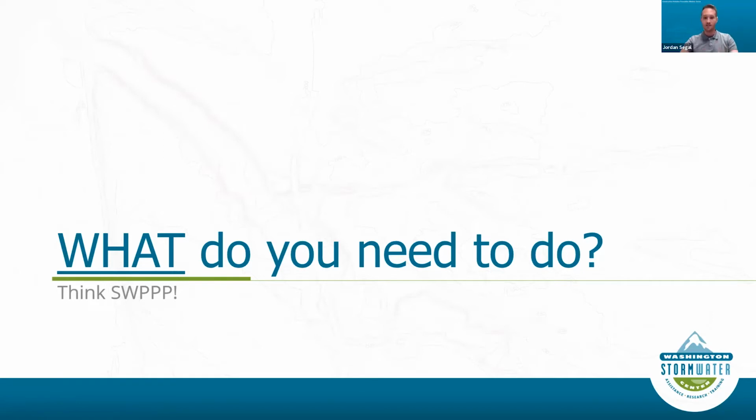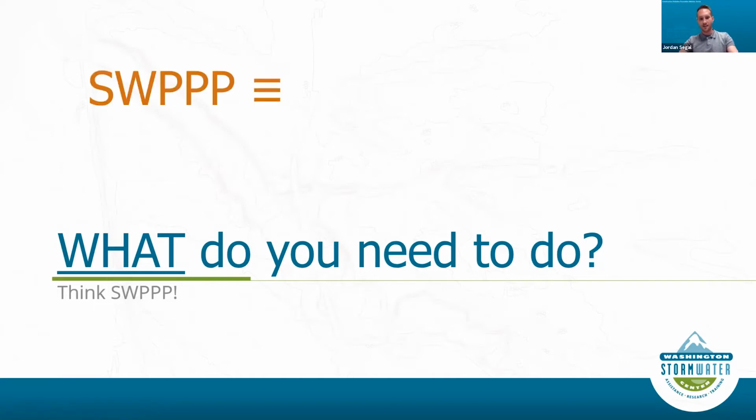From my perspective, there's a whole chapter on what you need to consider for your construction, and that's in Appendix D. And then the city of Kirkland might also have its own details. And again, coming from that perspective, but whether you're in Spokane in Eastern Washington or in the city of Vancouver, these are all items that you need to consider in your temporary erosion and sediment control plan.